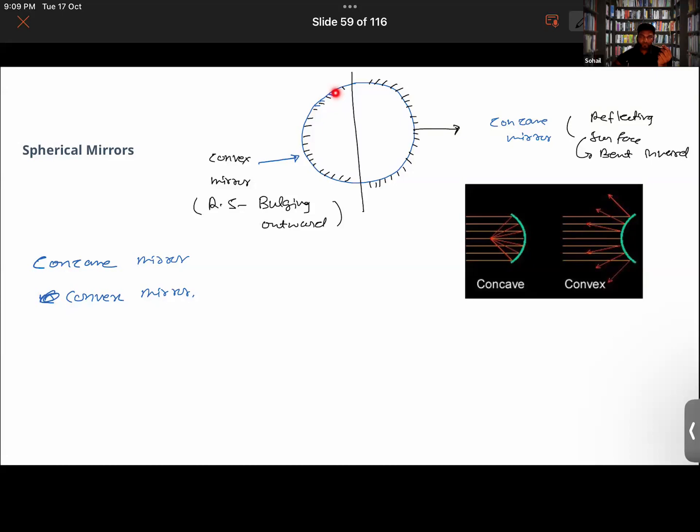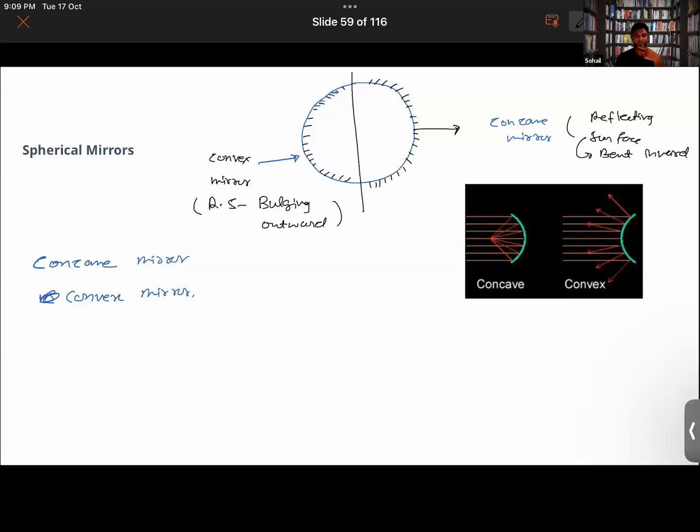Guys, are you getting it? And that is the outer surface now. So in the concave mirror, actually the outer surface is painted. That is painted. And then in the case of the convex mirror, which part of the sphere is painted?